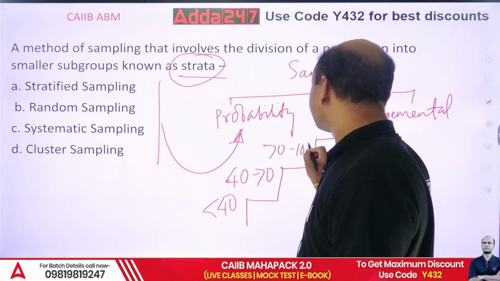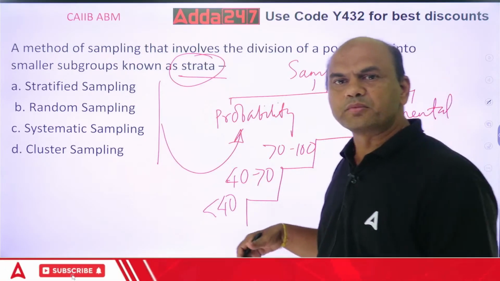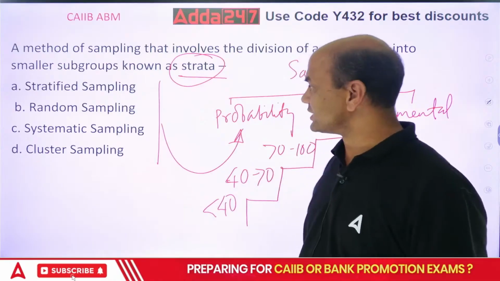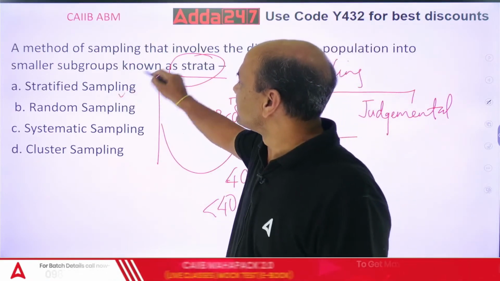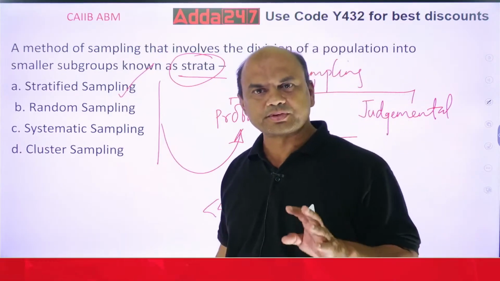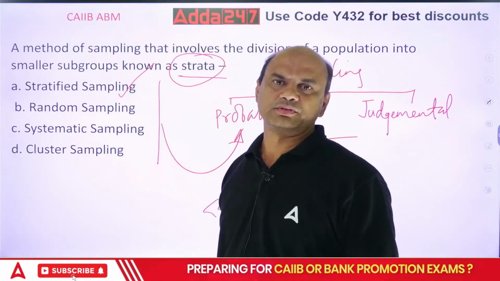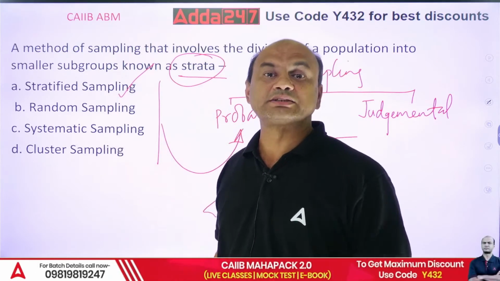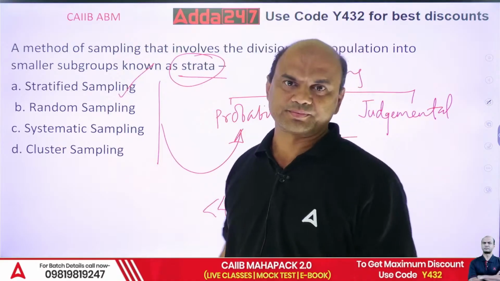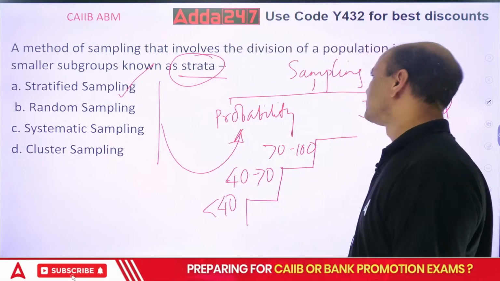So I am creating the strata. This is known as stratified sampling. There are four types: stratified, random, systematic, and cluster. Random is also called simple random sampling. Got it?